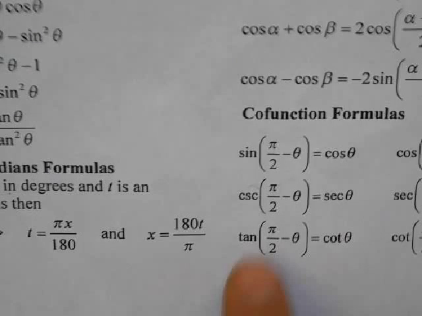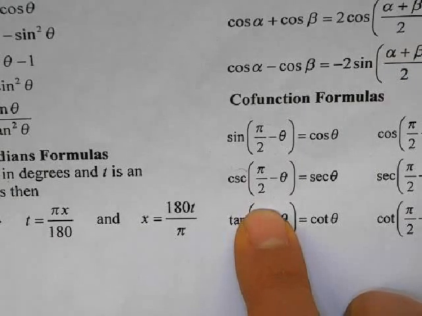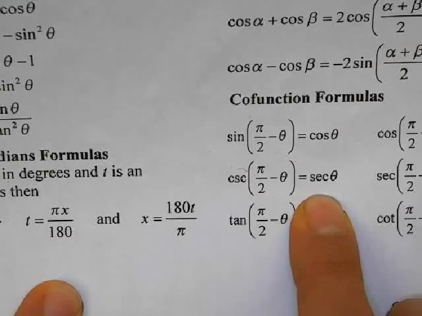So this first one here, we have cosecant of theta minus pi over 2 equals negative secant of theta. And when I see that pi over 2, my first thought is that it's going to be a cofunction identity because of that pi over 2. So if I go to my cofunction formulas here, I know that the cosecant of pi over 2 minus theta is secant theta.